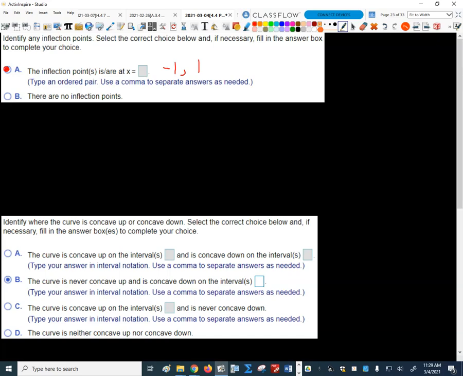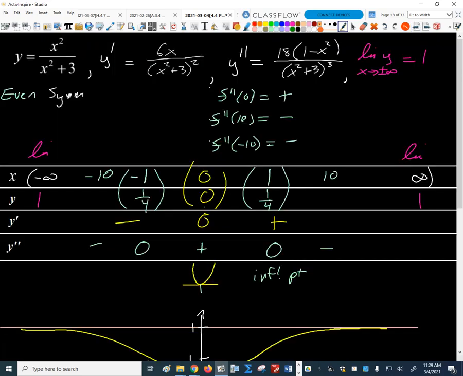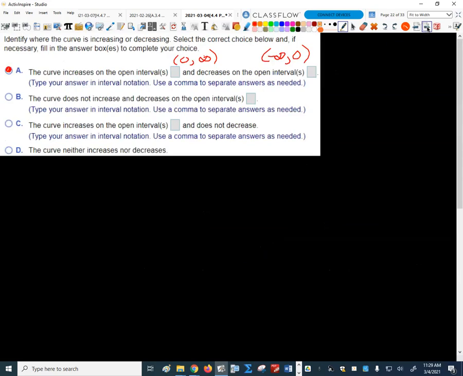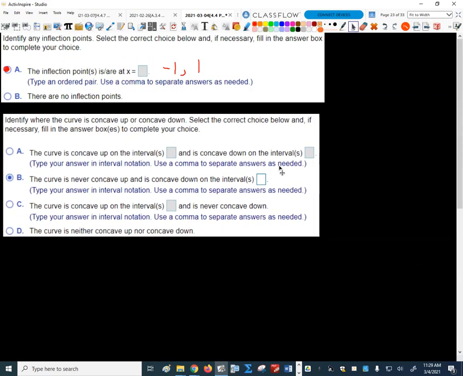Identify where the curve is concave up or concave down. Okay, well then we just go back to our table for that one. Looking at the second derivative row, it's concave up between negative 1 and 1, and it's concave down everywhere else, right? So it's concave up on the intervals we said negative 1 to 1, and those are open intervals, right?